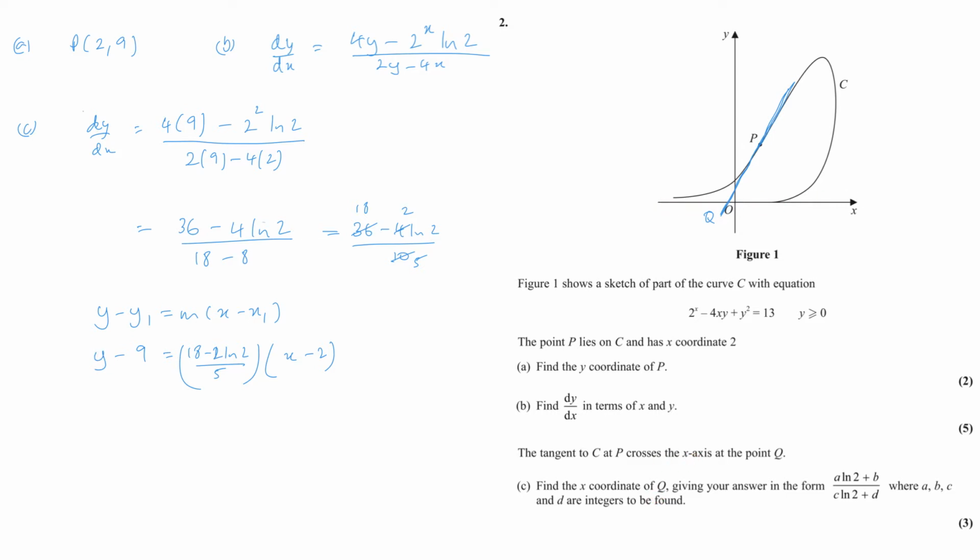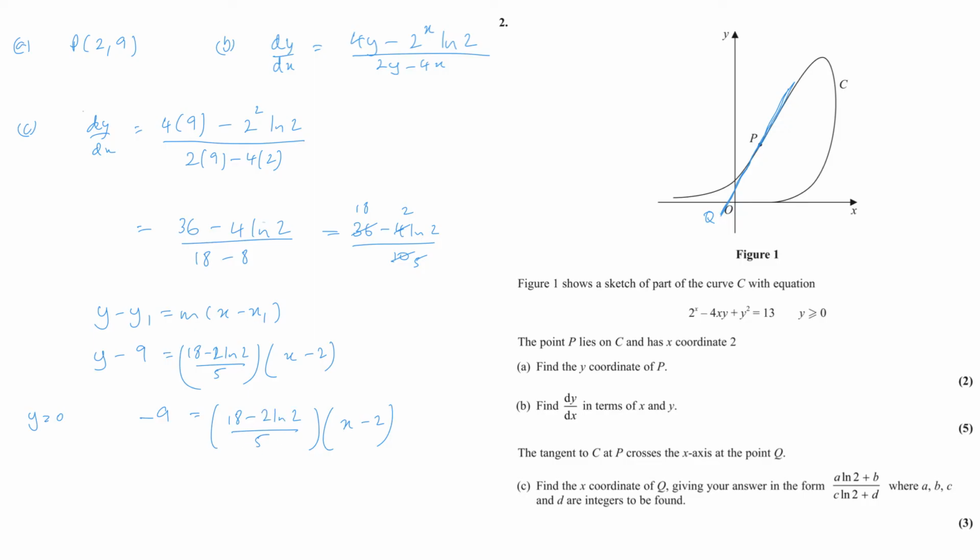So y equals 0. So I can substitute y equals 0 in straight away. And we get minus 9 equals (18 minus 2 ln 2)/5 times (x minus 2). Okay, so that's what I've got to do.